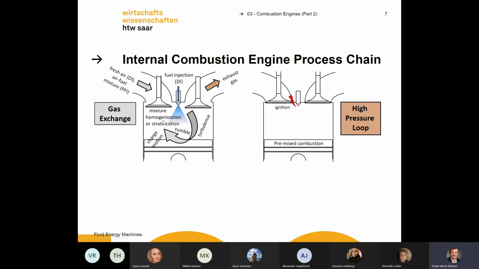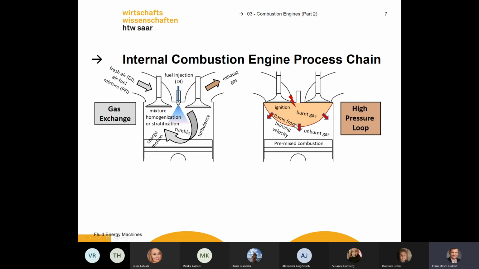This is a gas exchange, the gas exchanges. But now if the fuel is injected and we get a higher pressure because of movement of the piston, you get combustion. You get ignition from the spark plug and a moving flame front.